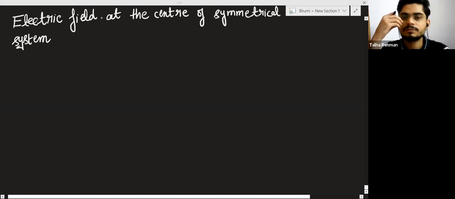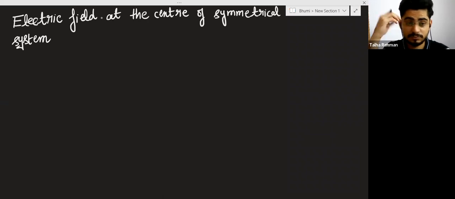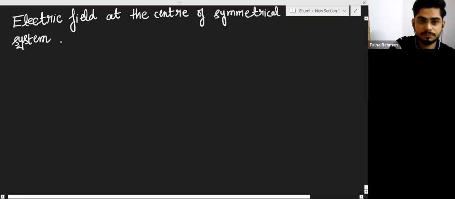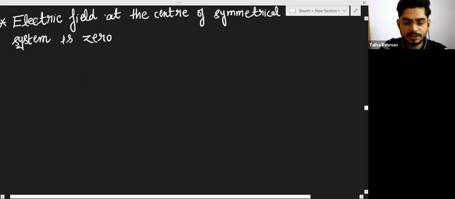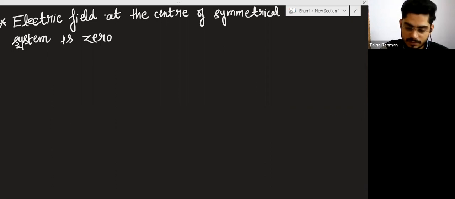Electric field at the center of a symmetrical system is zero. We'll see what symmetrical means.